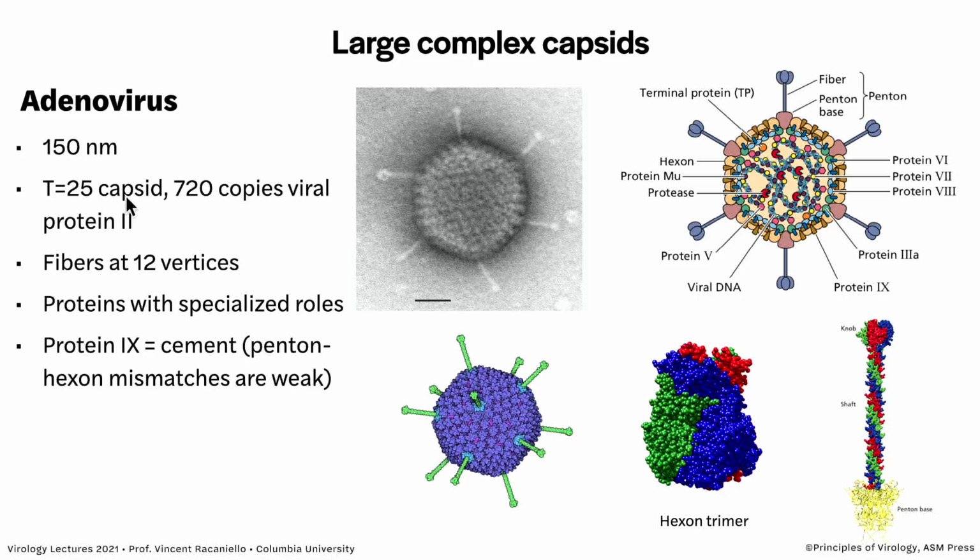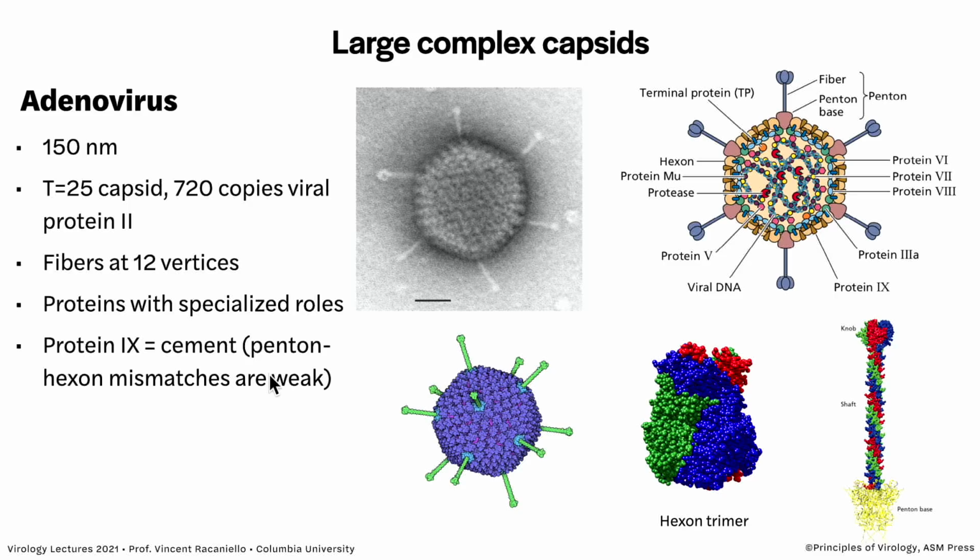It's a T=25 capsid made up of 720 proteins of a viral protein called protein 2, which are assembled in trimers to form what's called a hexon, and then those make up the icosahedral shell.